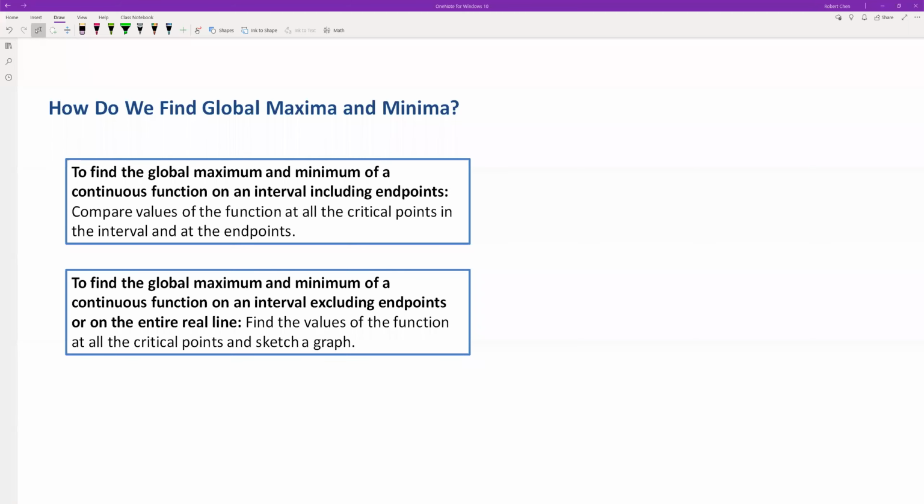All right, so to find a global max and min, first we just need to compare values of the function at all critical points in the interval and the endpoints.